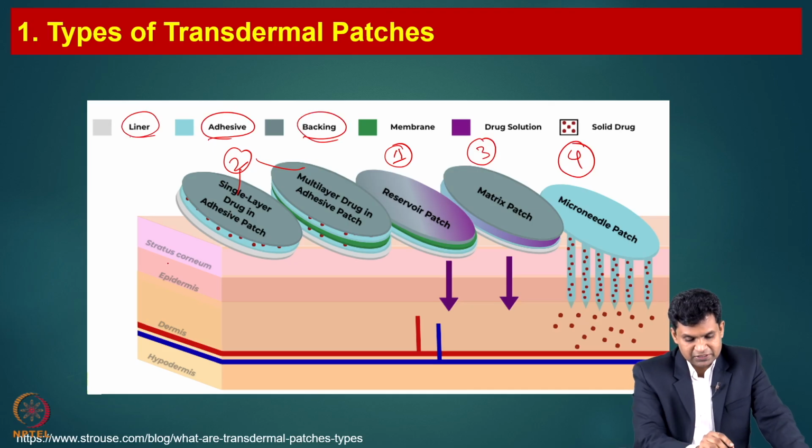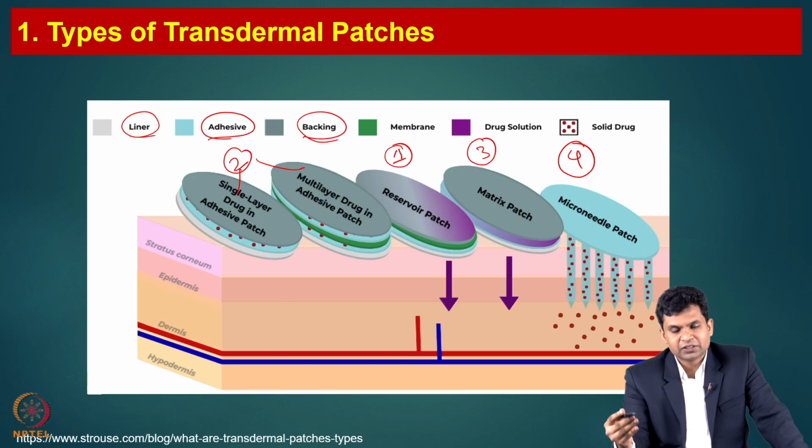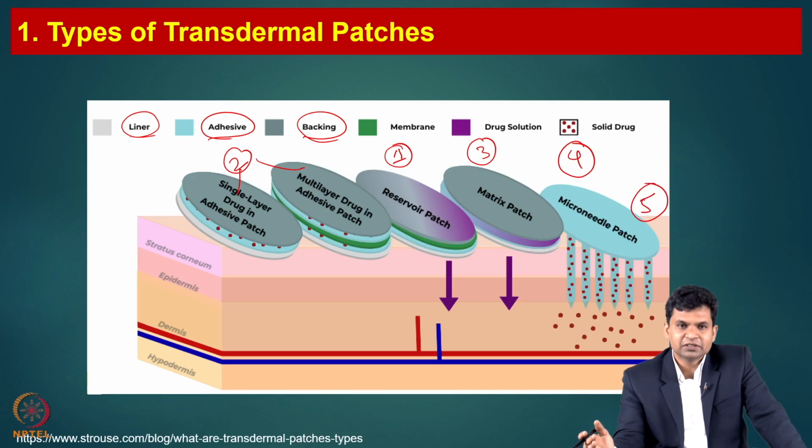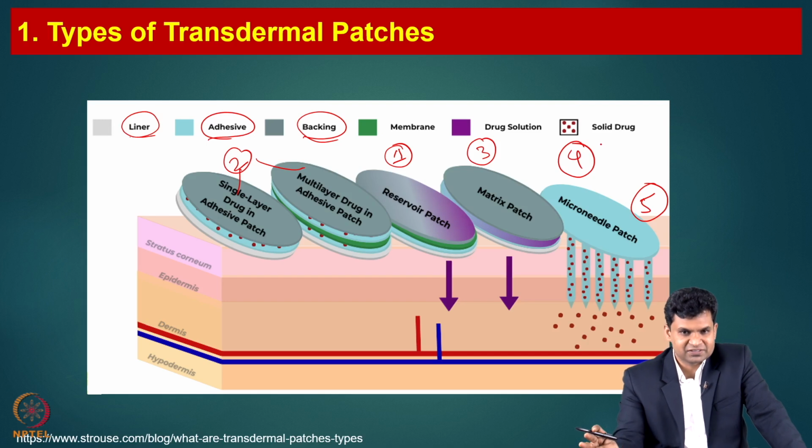Here you can see the stratum corneum, epidermis, dermis and hypodermis. The ultimate goal is to get the drug into the skin and then further into the systemic circulation. Here is also one more approach, the microneedle, which can also be translated into patches. So, these are the conventional transdermal patch systems.